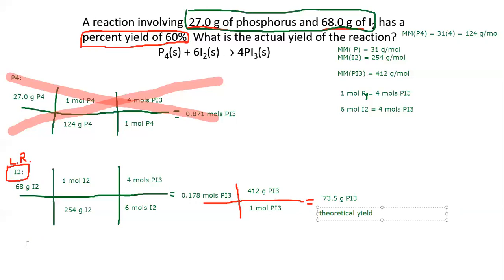So what we're going to do is remember that percent yield equals actual over theoretical times 100. If we're solving for actual yield, actual yield equals the percent yield times theoretical divided by 100.